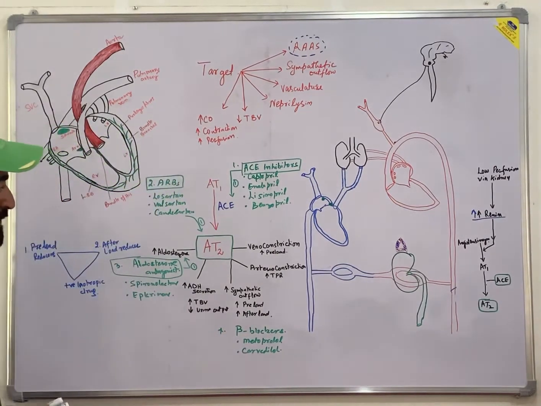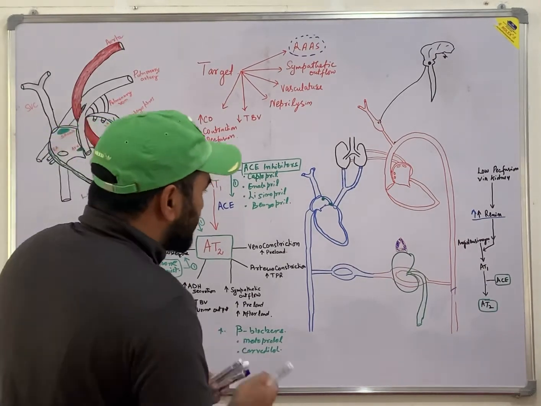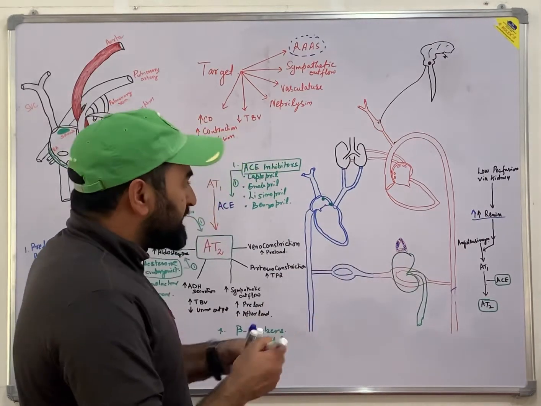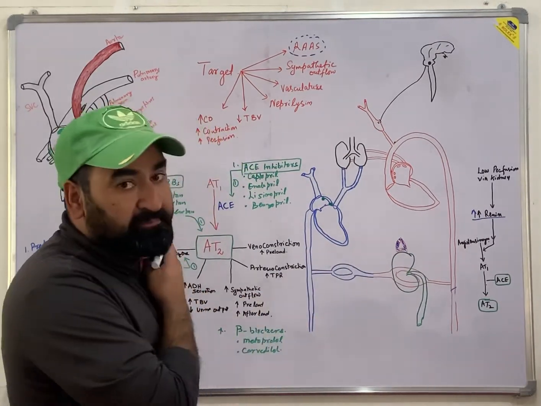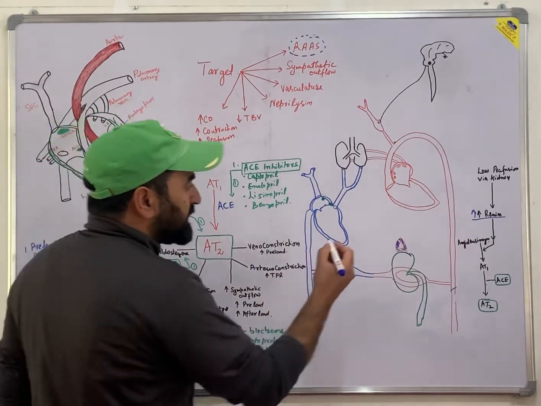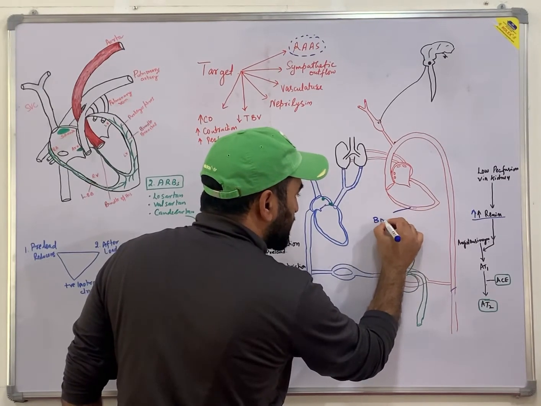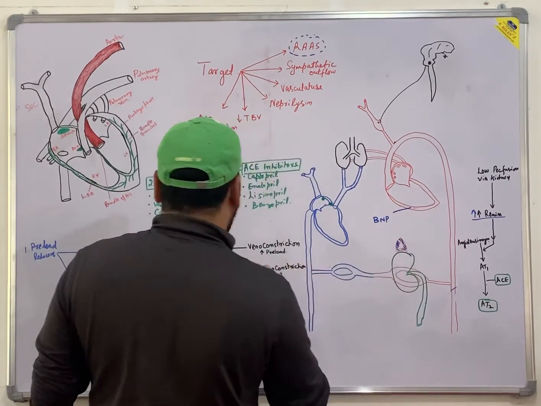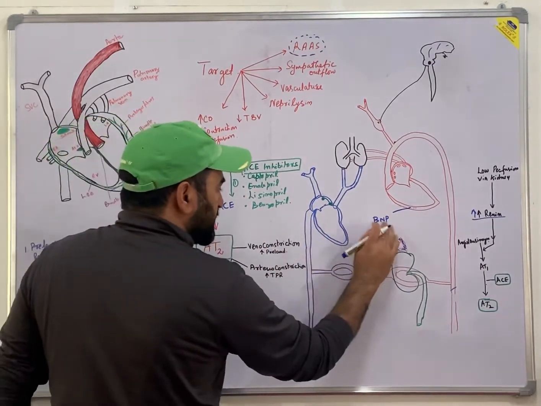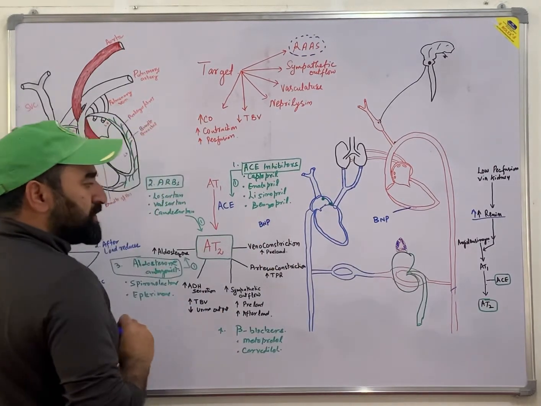Okay, now there is one more drug. When there is stress on the heart, the ventricle secretes a hormone, a type of peptide, known as brain natriuretic peptide. Let me write here BNP, brain natriuretic peptide.